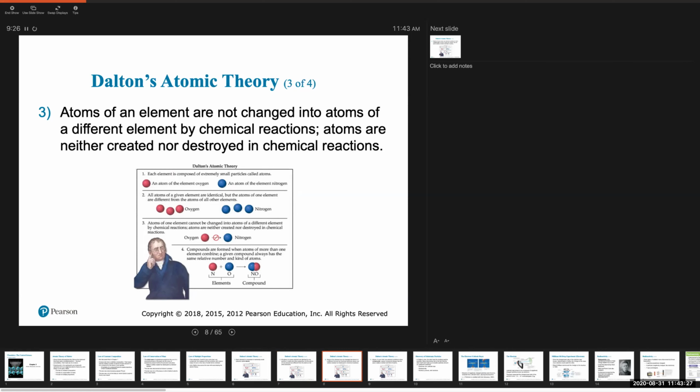You do the reaction, that compound maybe gets changed or destroyed, but the carbon itself is still there. It's just a different compound, but you haven't done anything to the carbon. So atoms are atoms. They represent an element. You do something to it, you don't change it to something else.